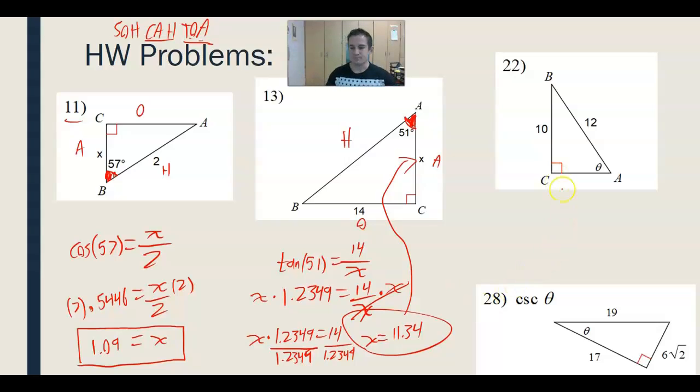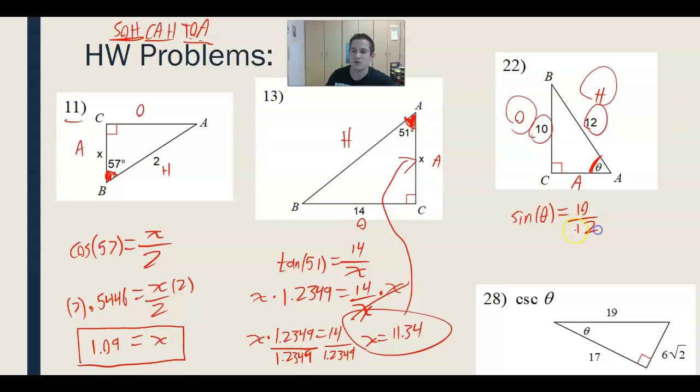Okay, this one over here, I don't know this angle. I'm missing an angle, but I know two of the sides. That's a good sign to me that I'm going to be using my inverse trigonometry functions. This is my adjacent, opposite and hypotenuse side. Which of my trig functions deals with the opposite and hypotenuse sides? Sine. Sine of theta equals 10 over 12.